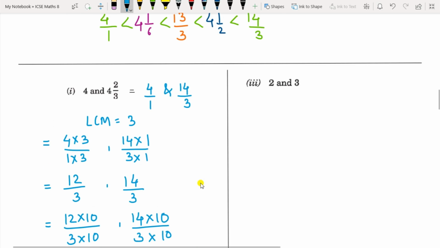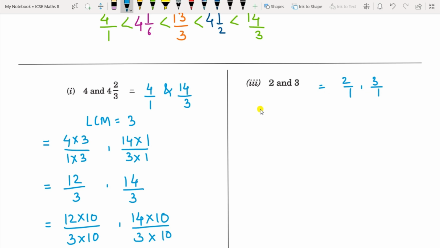Now let us move on to the third question. 2 and 3 here. That means 2 upon 1 and 3 upon 1.